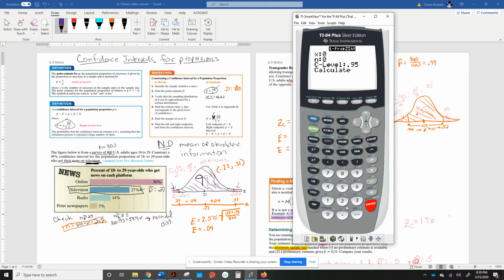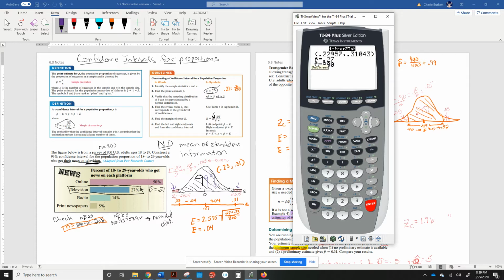So our x value is 216, our total number of people in the survey was 800, and this is a 99% confidence interval. You go down to calculate, and that is our answer.